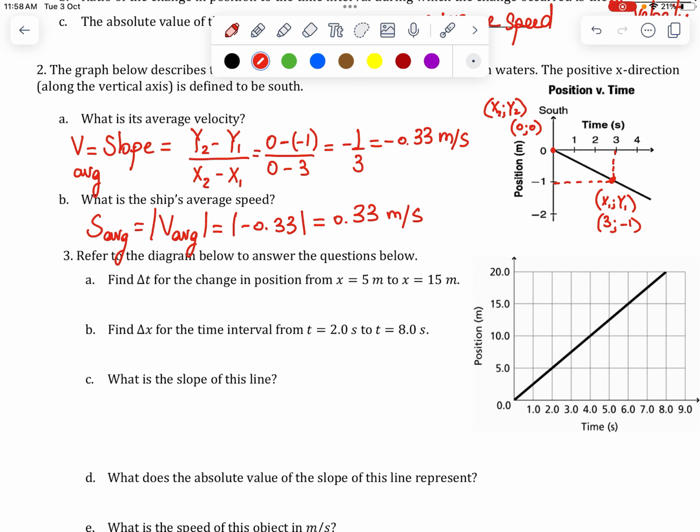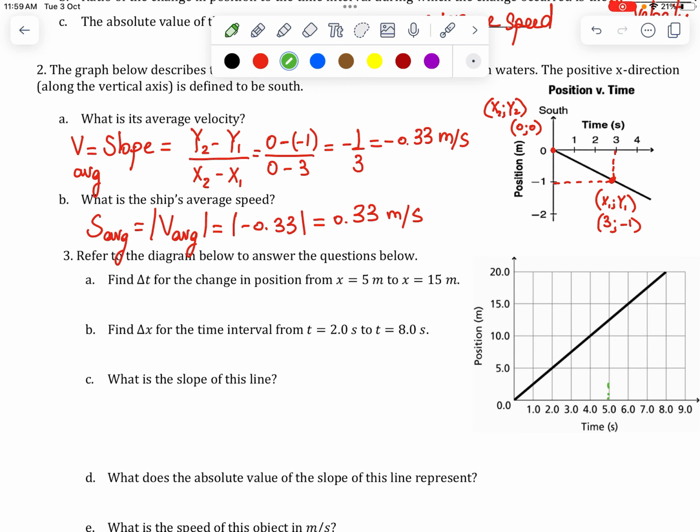Question number 3. Refer to the diagram below to answer the questions. Find delta t, the time interval, for the change in position from x equals 5 to x equals 15. So I don't need the displacement, I need the change in time.